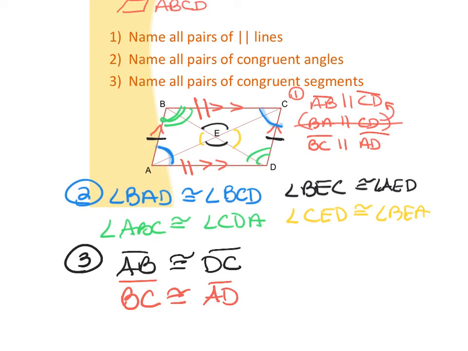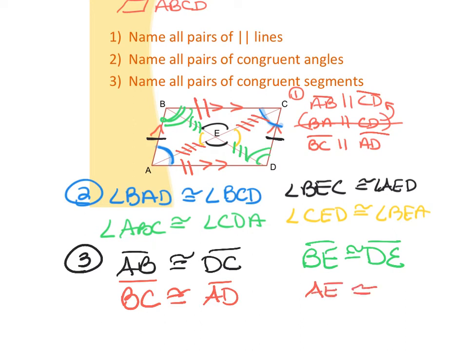And now we also have those diagonals that were bisected. So we can name those pairs. BE congruent to DE. And then the other one, AE is congruent to CE.